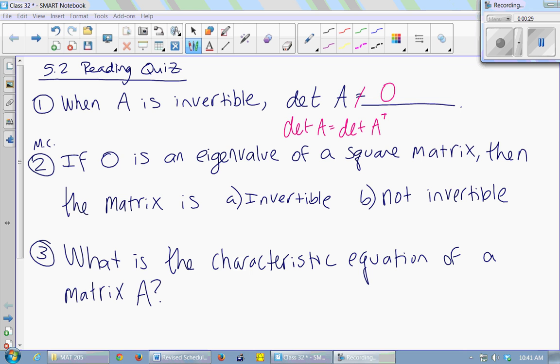Yep. Okay. What about (-1)^r times the product of pivots? That is true. The formula given in the book, you could use that.